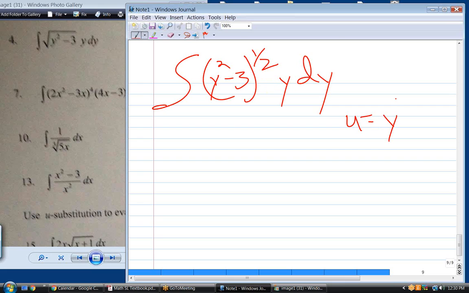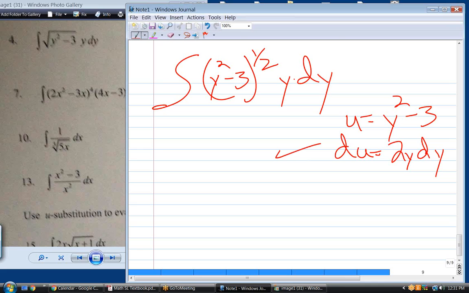So u is equal to y squared minus 3. What's du equal to? 2y dy. There's no x's, it's just y here. Well, now instead of doing this last step where I define dy, I'm going to try to save time. And I'm going to look for a 2y dy.